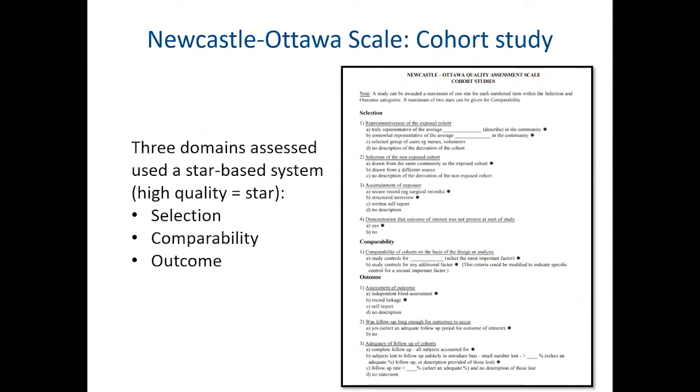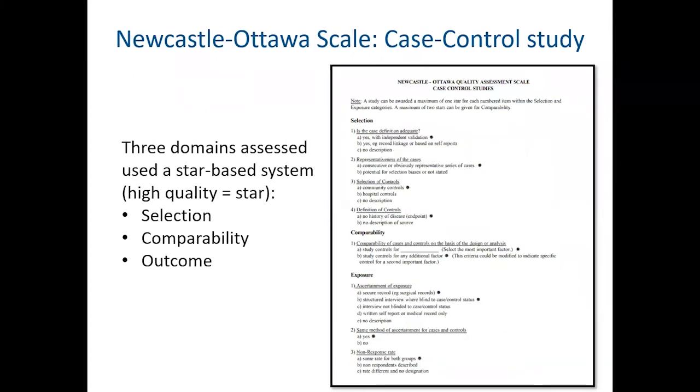This is a tool specifically for appraising cohort studies that assesses 3 domains using a star-based system, providing stars based on selection criteria, comparability questions, and then outcome. The Newcastle-Ottawa scale also has a specific tool for appraising case control studies that uses a similar format.